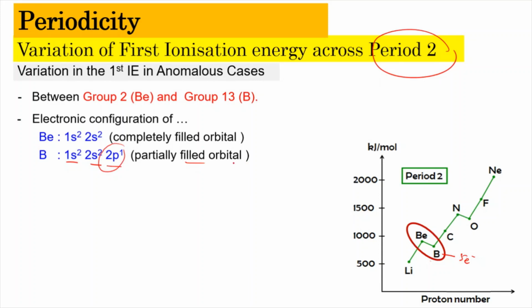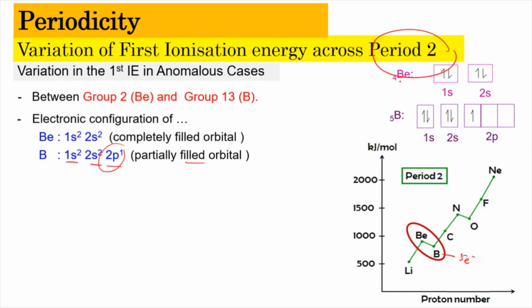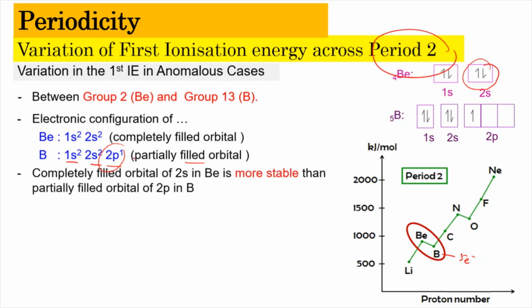You can also draw this in terms of an orbital diagram. For beryllium, 1s2 2s2, you can see the 2s orbital is completely filled. Meanwhile, for boron, the 2p orbital is partially filled. So the completely filled 2s orbital in beryllium is more stable than the partially filled 2p orbital in boron.